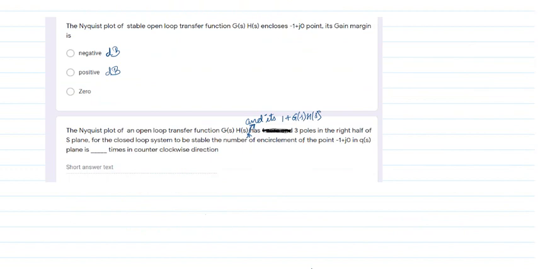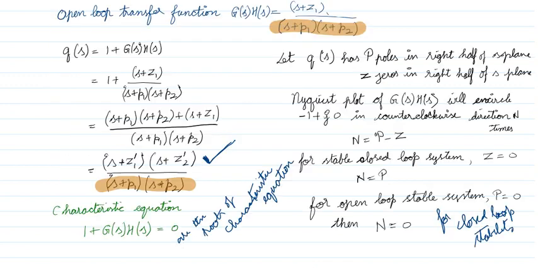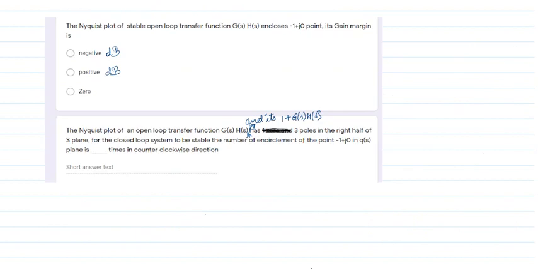I have said the open loop transfer function is stable, but it is enclosing minus 1 plus j0. Look at this condition. Open loop stable system means it should not encircle. N should be equal to 0. But in the question, what is given? It is enclosing the point minus 1 plus j0.